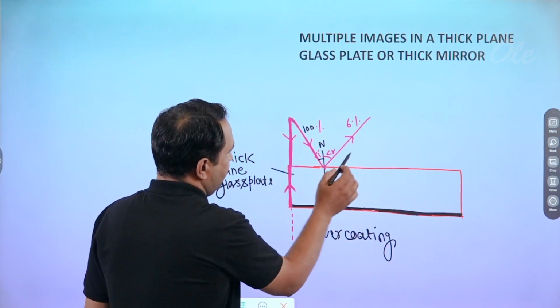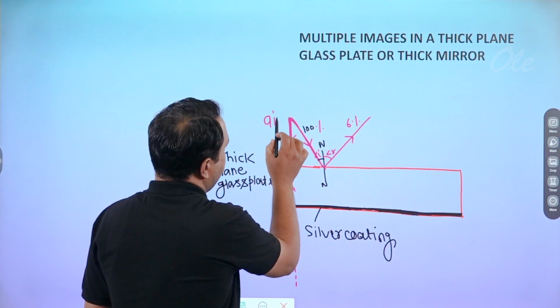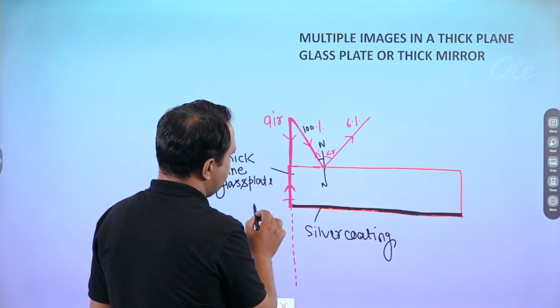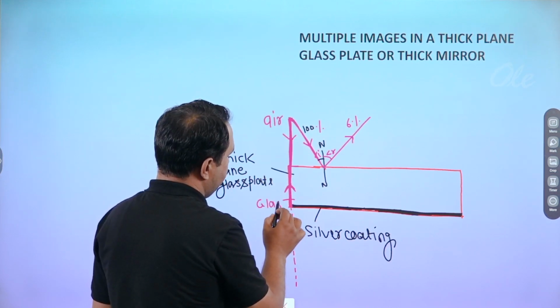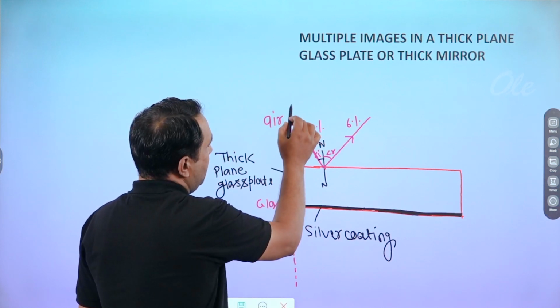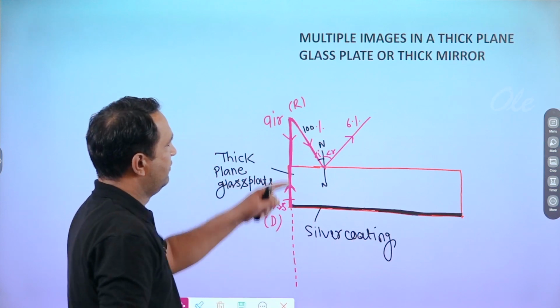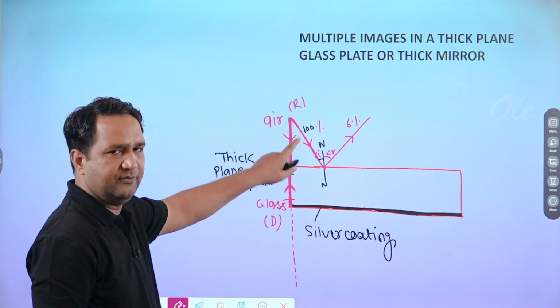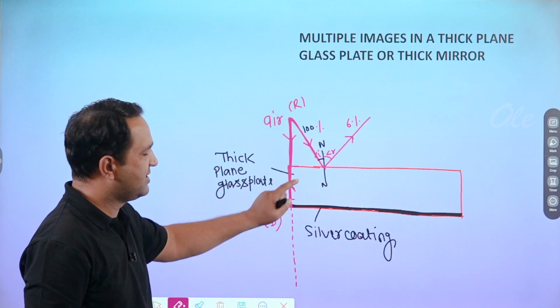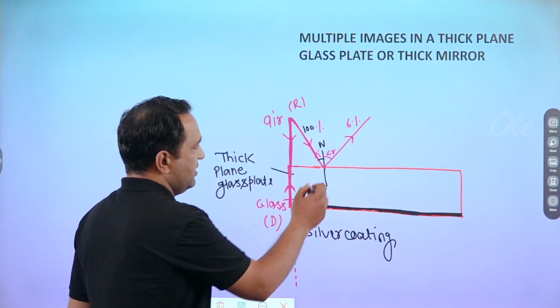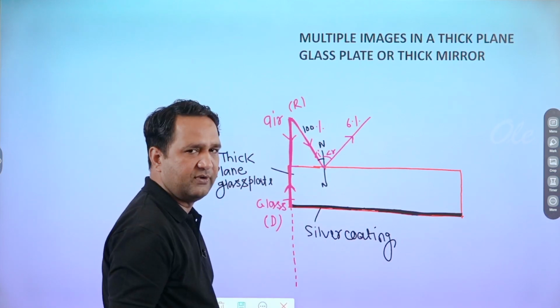So we are coming from air. This medium is air, while this medium is glass. So we are entering from a rarer medium to a denser medium. Are you getting it? So what will happen with the light ray in the case of refraction?